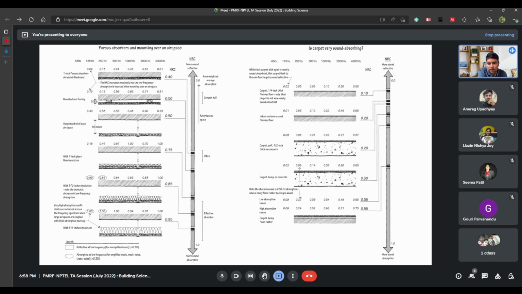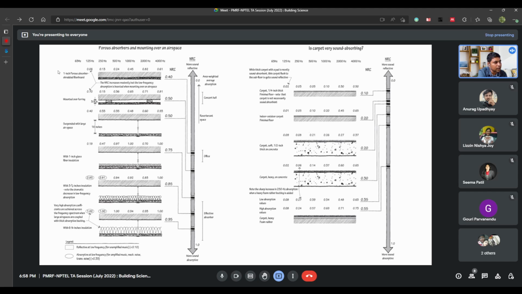Consider this chart. There are two different charts in this presentation slide, where different configurations of porous absorbers are compared. On the left, you have the absorption coefficient associated with particular frequencies.